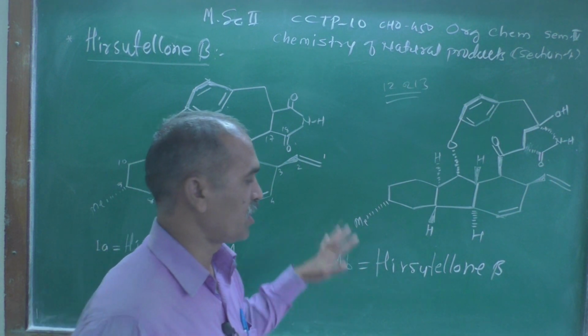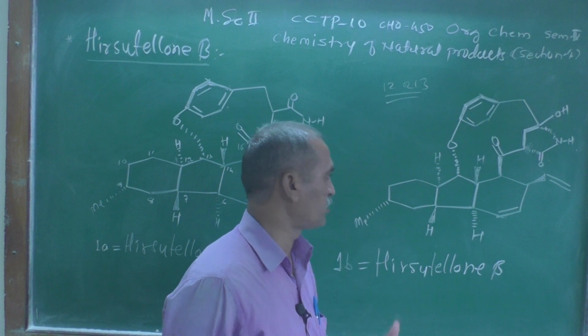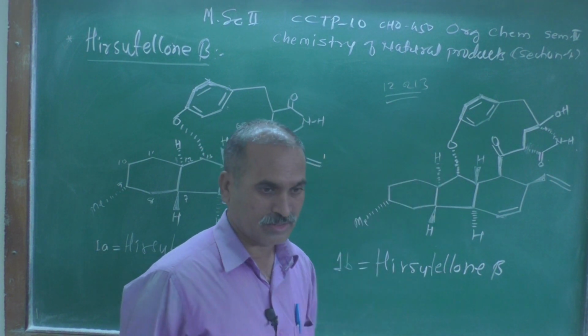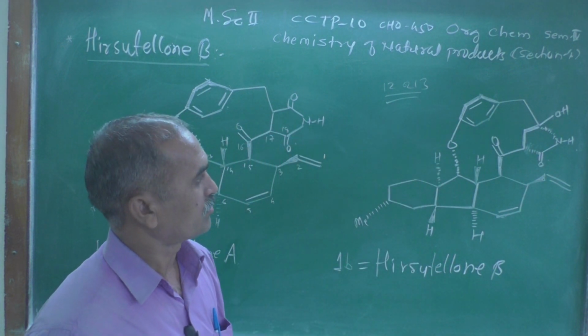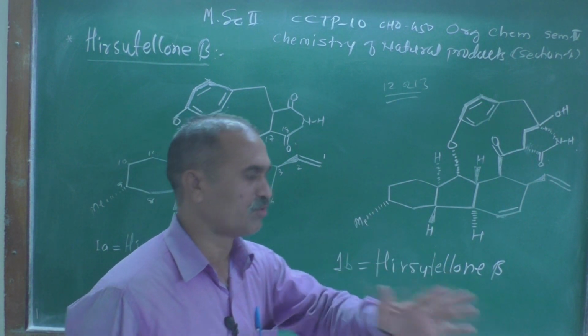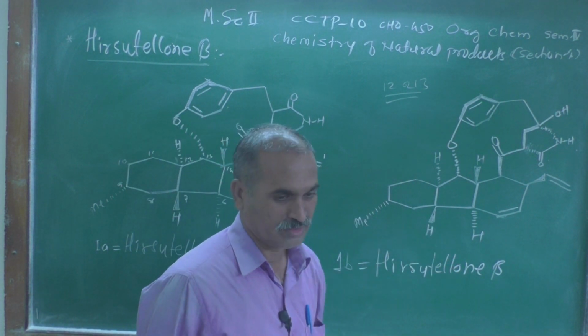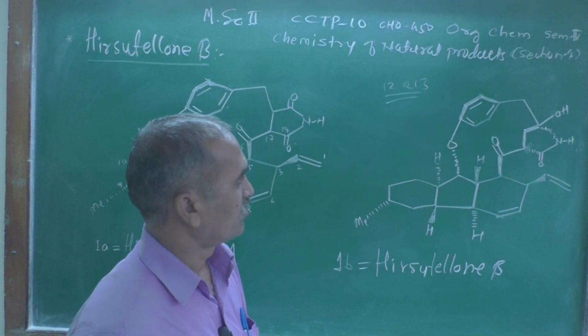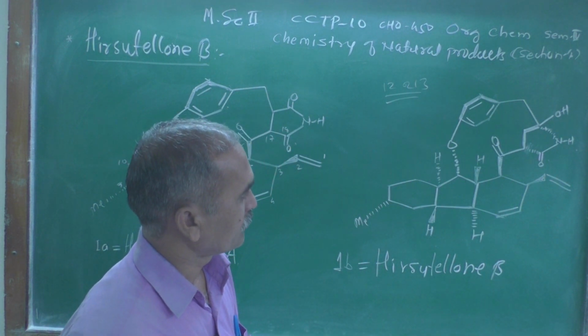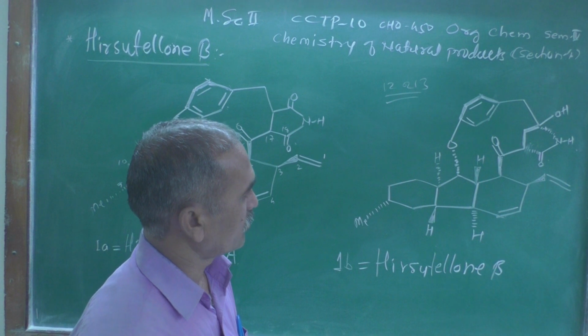First of all, we are going to learn the retrosynthesis of this compound, and after that we will actually synthesize this molecule in the laboratory by starting from different precursors.